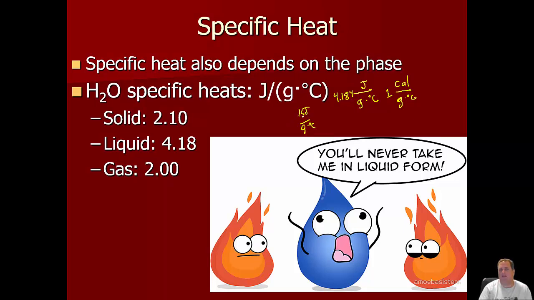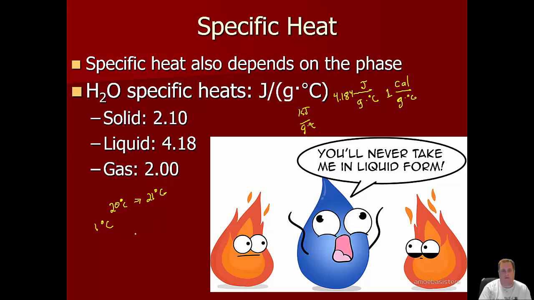The one big thing here comes from the fact that we know that if we go up by 1 degree Celsius, let's say we go from 20 degrees Celsius to 21 degrees Celsius, how much have we gone up in Kelvin?